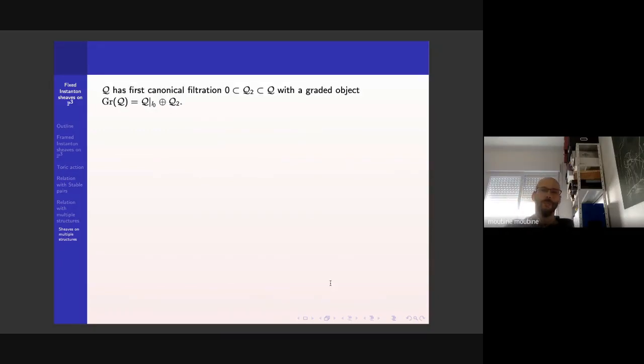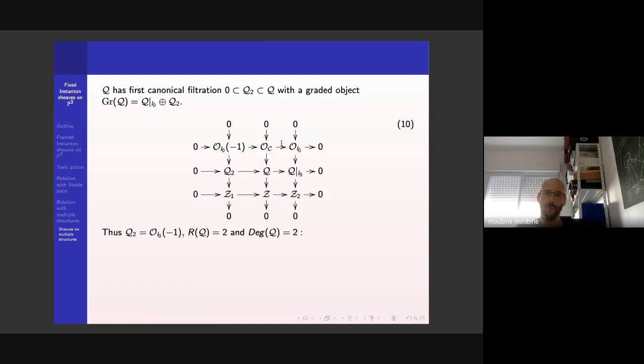We can do the same for our rank 0 instanton sheaf, okay? And then because of compatibility of this morphism with the restriction and the first canonical filtration, we have this structural sequence for our sheaf restricted to the simple line, and we get these sheaves as kernel.